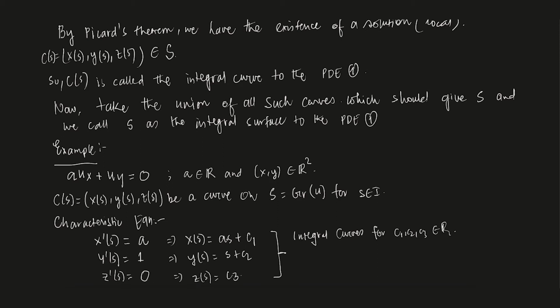Okay, now you see what happens is, if we somehow eliminate s from here, we'll get some relation. So let's do that and see what we get. Once we eliminate s, we have x of s equals a times s, and let's write it: x is a s plus c1, y is s plus c2, and z is some constant c3, right?